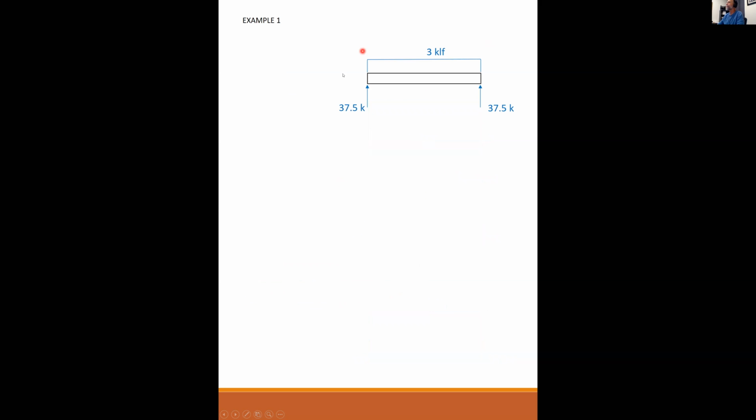So just repeating the same diagram here, start drawing the shear diagram. Start at the left-hand side, and the change in the shear diagram is equal to the area of the load diagram.